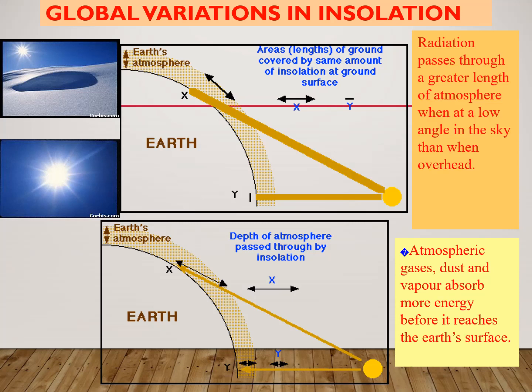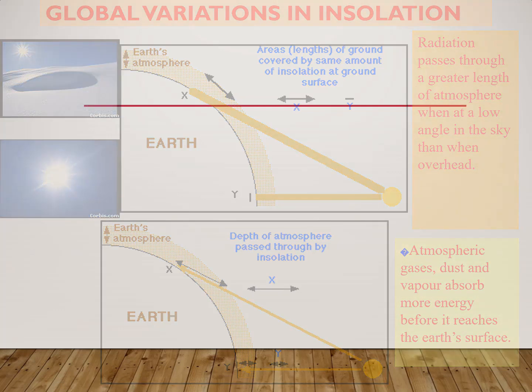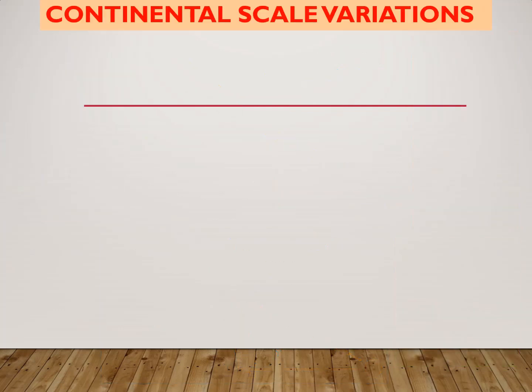So areas around place X will have less insolation than areas near place Y, as the sun rays fall at a higher angle, so there is less time for the atmosphere to absorb energy before it reaches the Earth's surface. The second factor which is responsible for varying rates of insolation is continental scale variations.